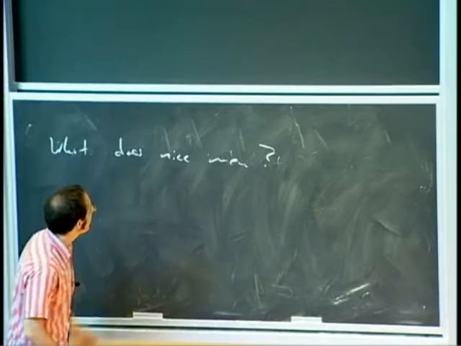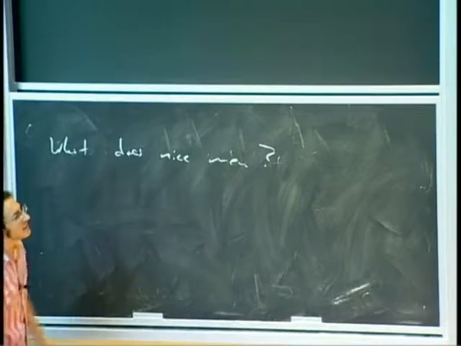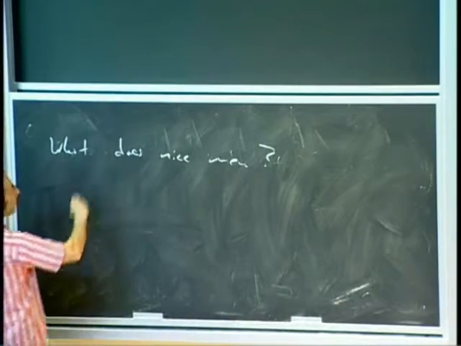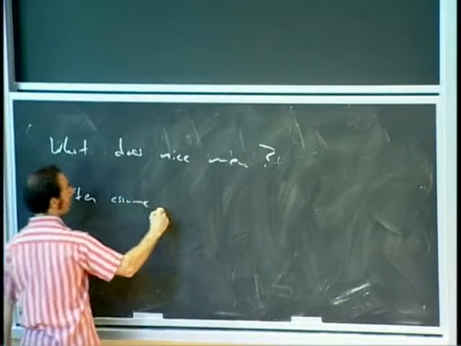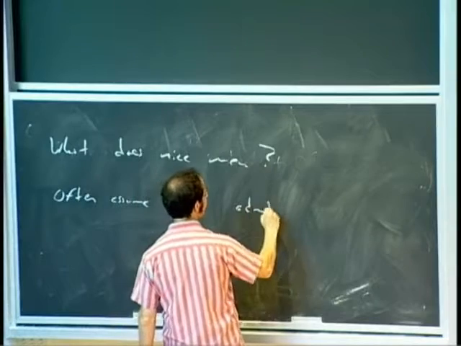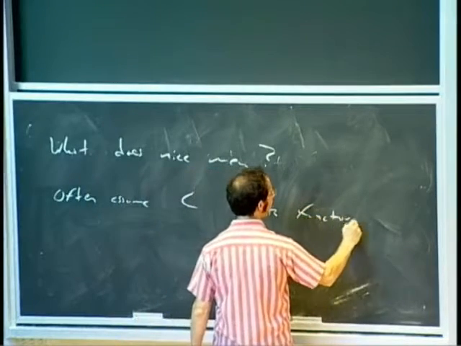And in fact, cylinders really maybe are at the basis. And so nice in this context, I mean, nice can mean something even weaker, but one kind of thing nice might mean is that we often assume C admits functorial factorization.